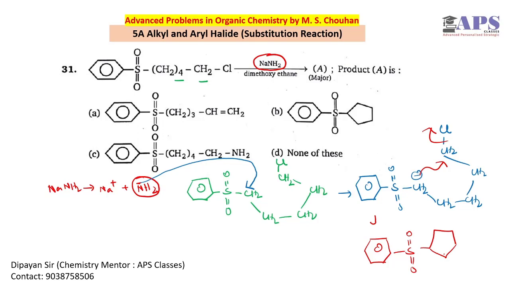So initially NaNH2 will abstract acidic hydrogen. This conjugate base is resonance stabilized as well as stabilized by the vacant d orbital of sulfur. That's why this negative charge can behave like a nucleophile, and after NGP we will end up with a cyclic product. So option B is the correct option in this case.